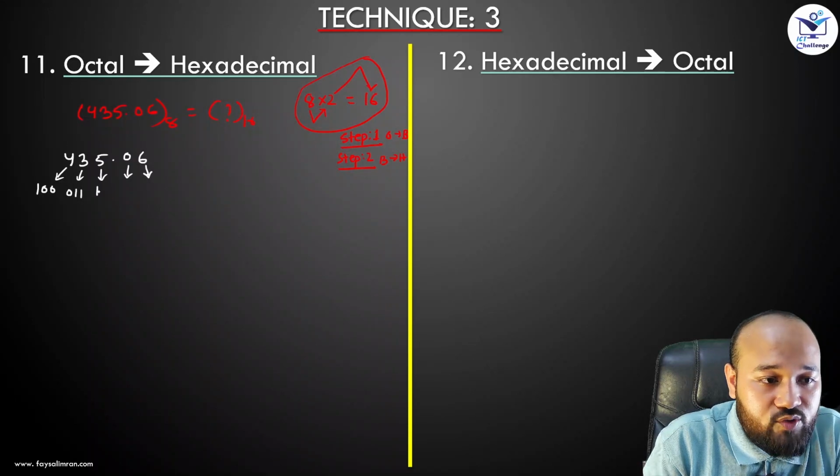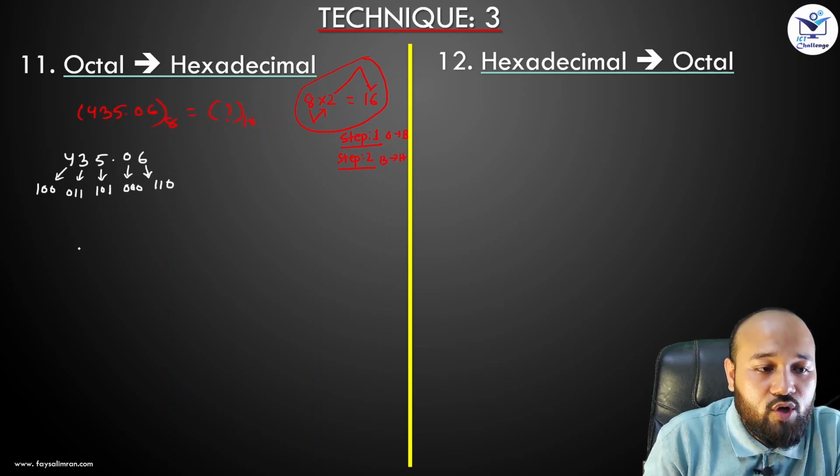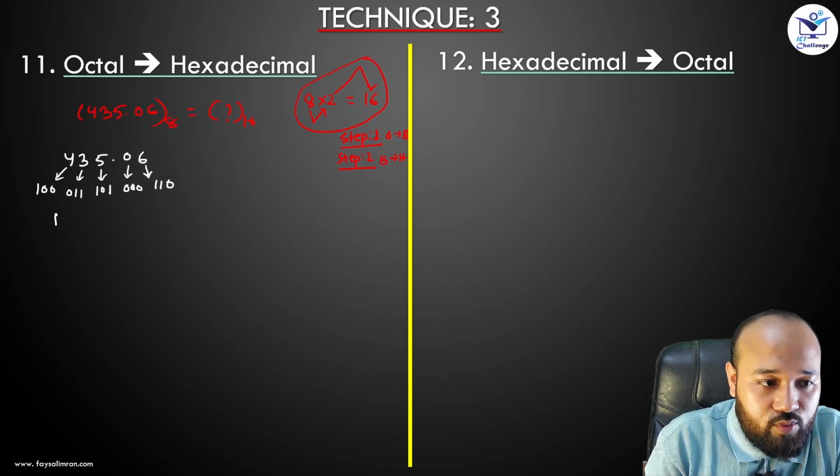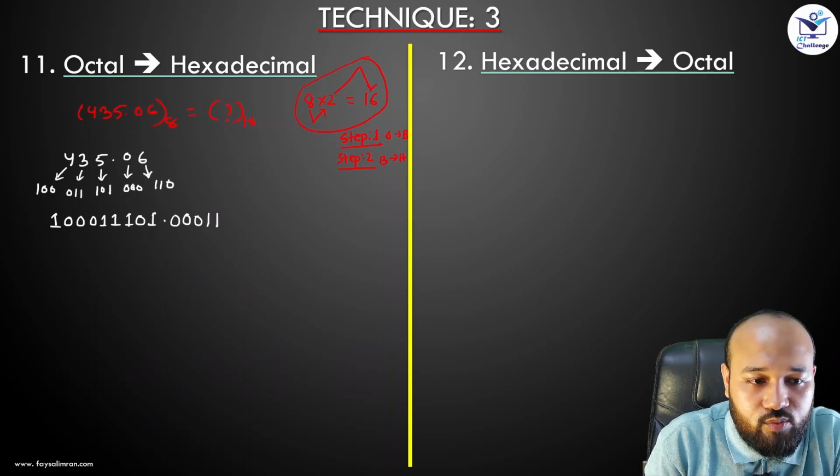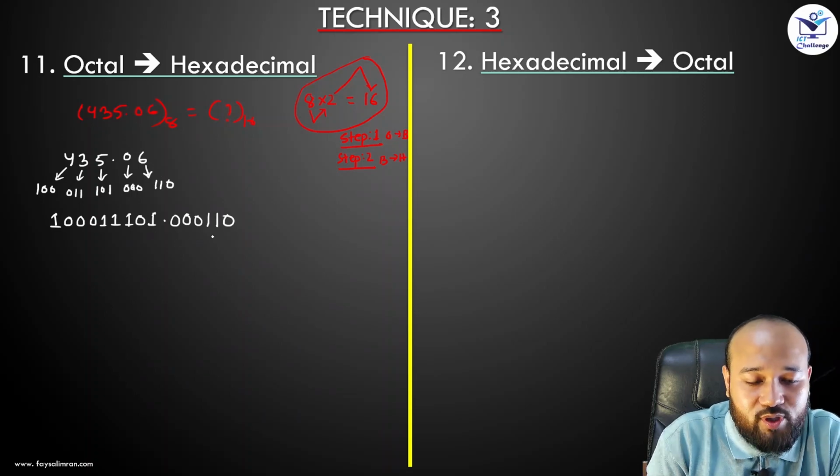So 5 means 101, 0 means 000, and 6 represents 110. So the ultimate result is 100011101.000000110. This is the actual binary.